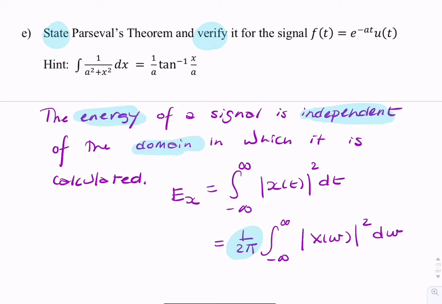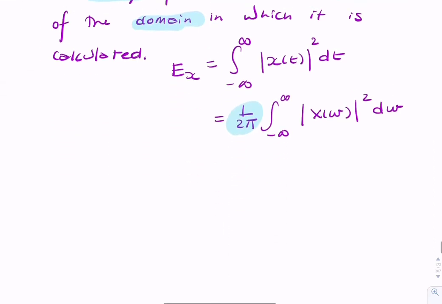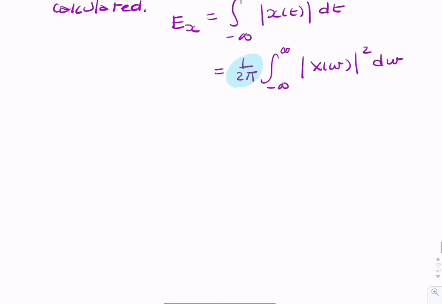So for the next part, we need to actually demonstrate that it's true for this particular signal. We will calculate the energy of the signal twice, and then show that these two energies are the same.